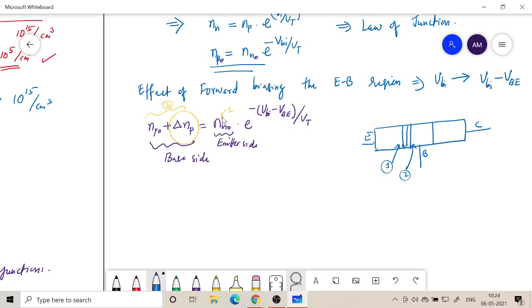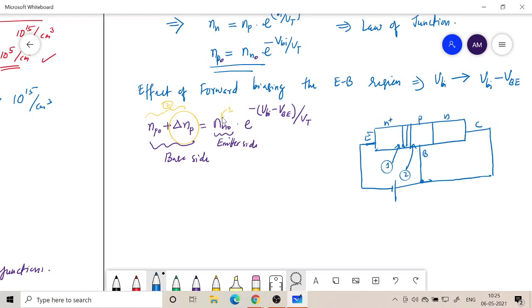So we are applying a forward bias, and here also we need to apply a voltage, but let's just put 0 voltage, that is also fine. Then at point 1 you have NN0, because this is NPN, or rather N plus PN, very heavy concentration.